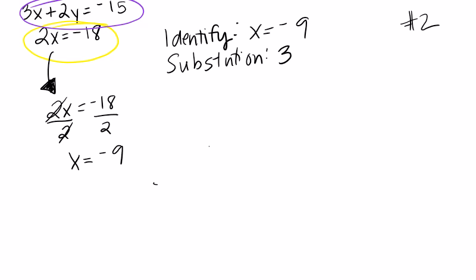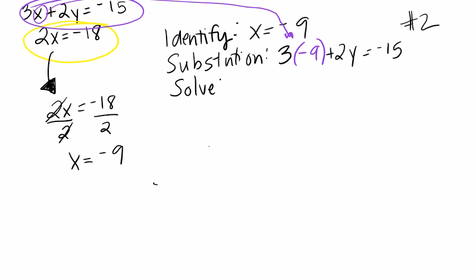Now what's happening to the x is we're multiplying x by 3, so we're going to take this 3 and multiply it, so we'll go ahead and use times negative 9. All I've done is replace this 3 times x with our x value of negative 9. Then we have the rest of our equation, plus 2y is equal to negative 15.